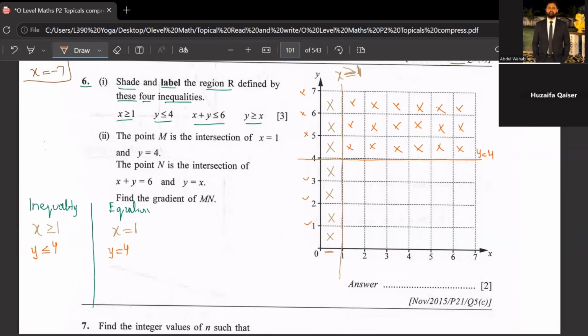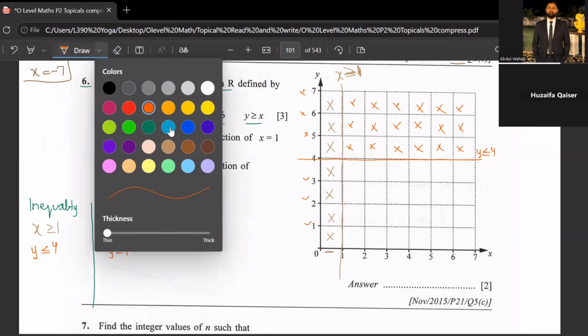Because we need to shade the area which satisfies these inequalities. So I just write y is less than or equal to 4. This is the inequality.